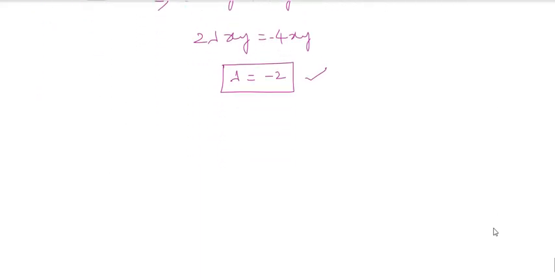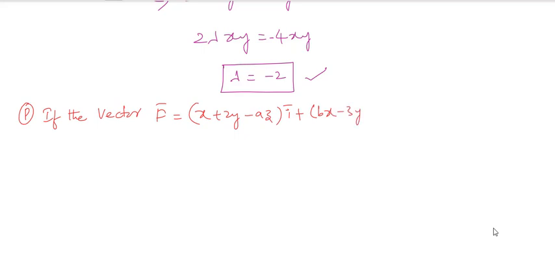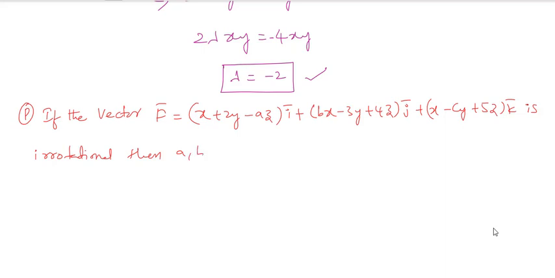Next problem. If the vector f bar is equivalent to (x plus 2y minus az) i bar plus (bx minus 3y plus 4z) j bar plus (x minus cy plus 5z) k bar is irrotational, then a, b, c are?